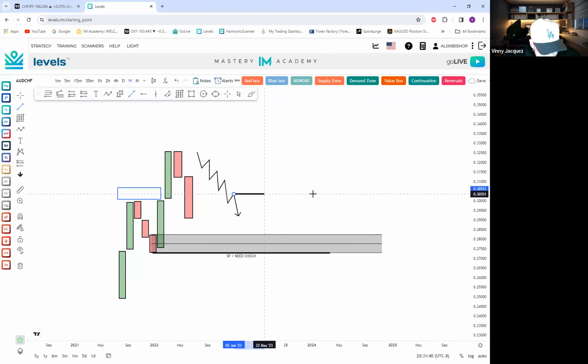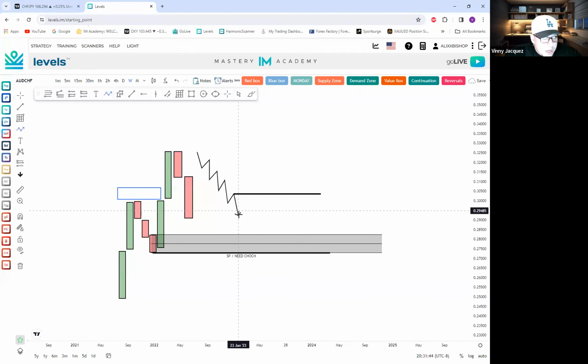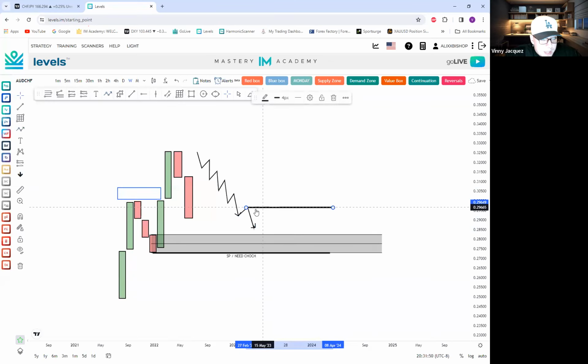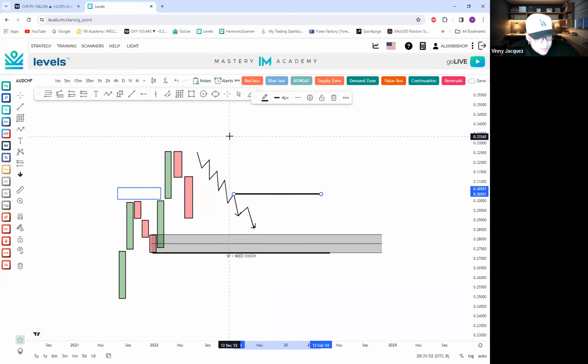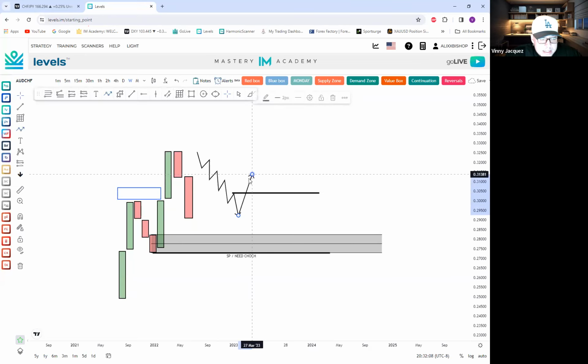So this is the closest pullback to my entry as of right now. Now, if market wants to go lower, then this would be my closest pullback as of right now. But it's this one. So as I'm focusing on taking buys from this area, I'm also focusing on pullbacks coming towards my entry. So as market breaks above, I already see a setup.